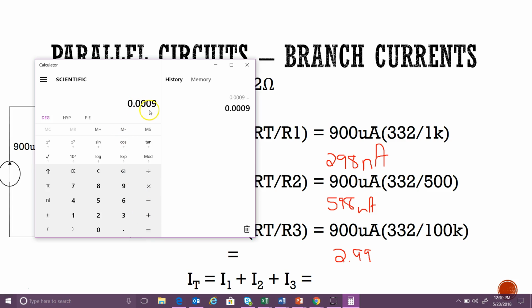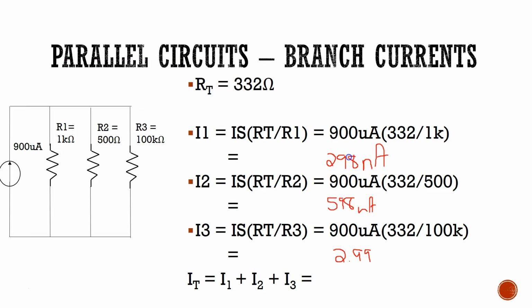Alright, I'm going to store that, times 332, which is my total, divided by 1K. And I come out with 298, 299. Let's make that, and then this is milliamps.